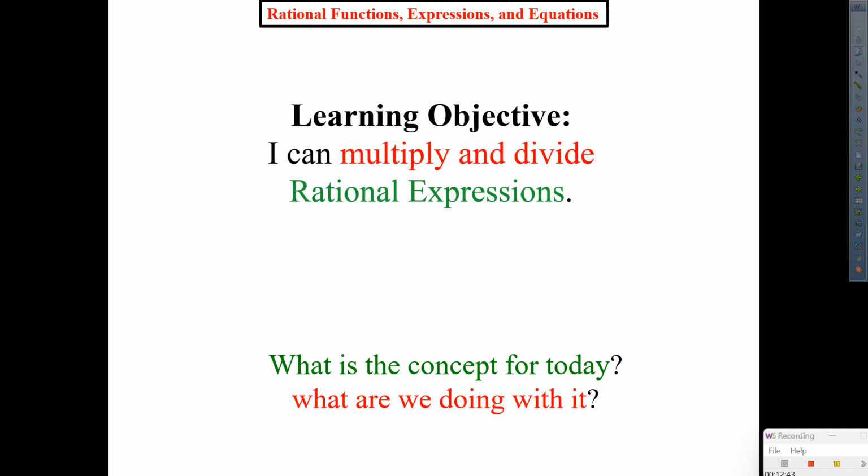Did everybody hear that one? An expression that is rational. Woo! Bam! Miroslava, in your own words, rational expressions are, okay, expressions with what?